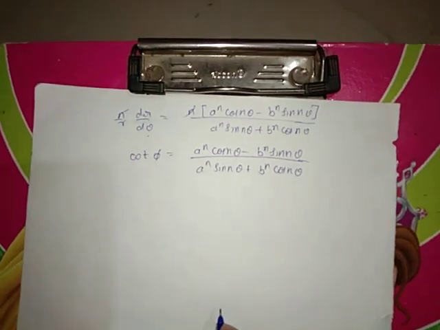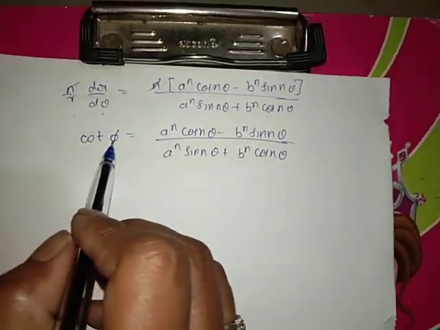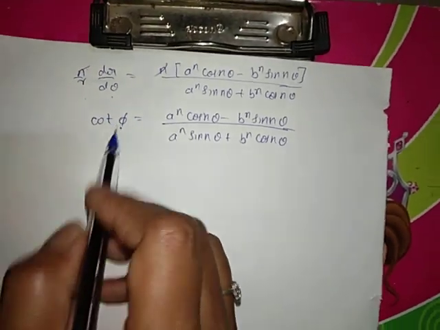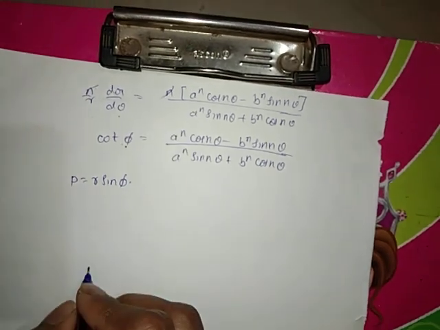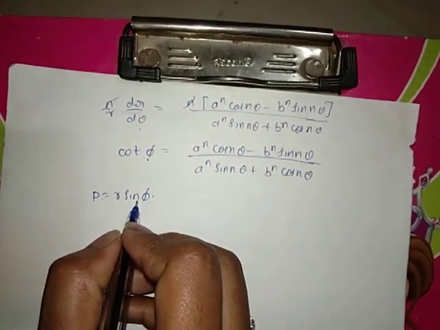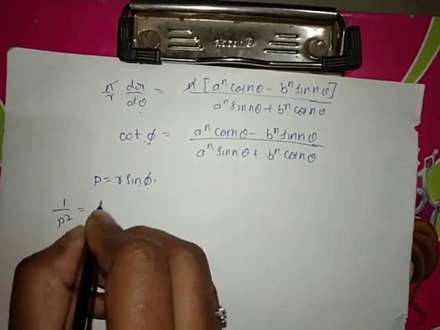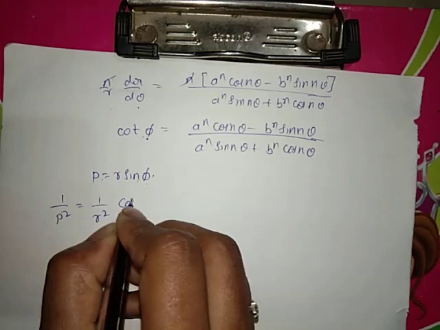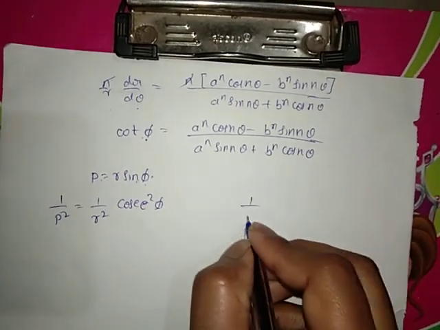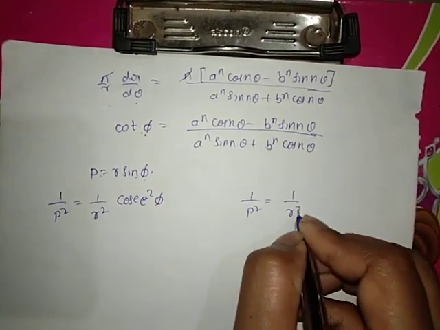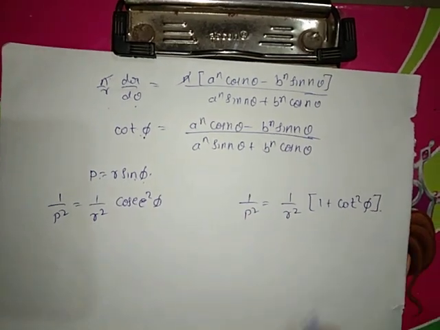Now we cannot get phi explicitly here. To get the phi explicitly, consider p equal to r into sin phi. Take square on both sides and take a reciprocal. We get 1 by p square equal to 1 by r square into cosec square phi, or 1 by p square equal to 1 by r square into 1 plus cot square phi.